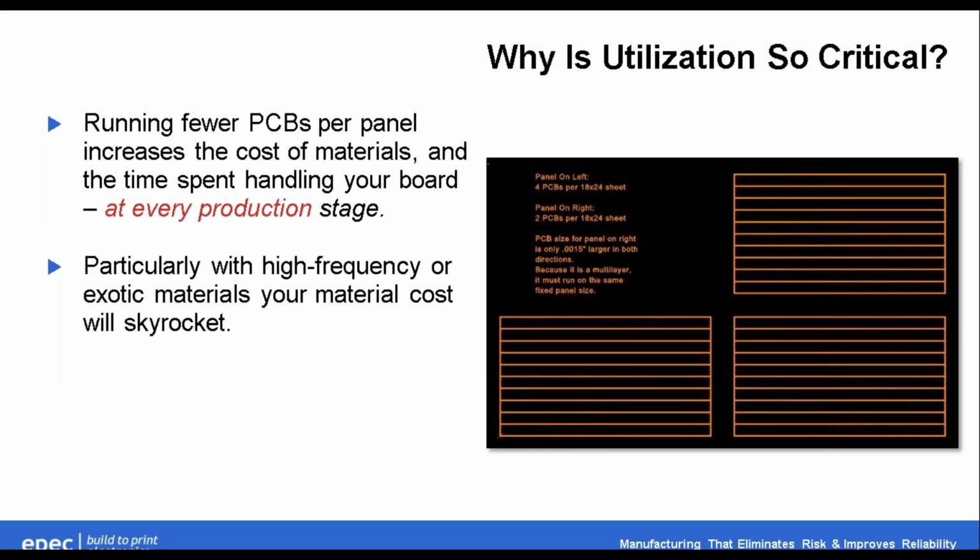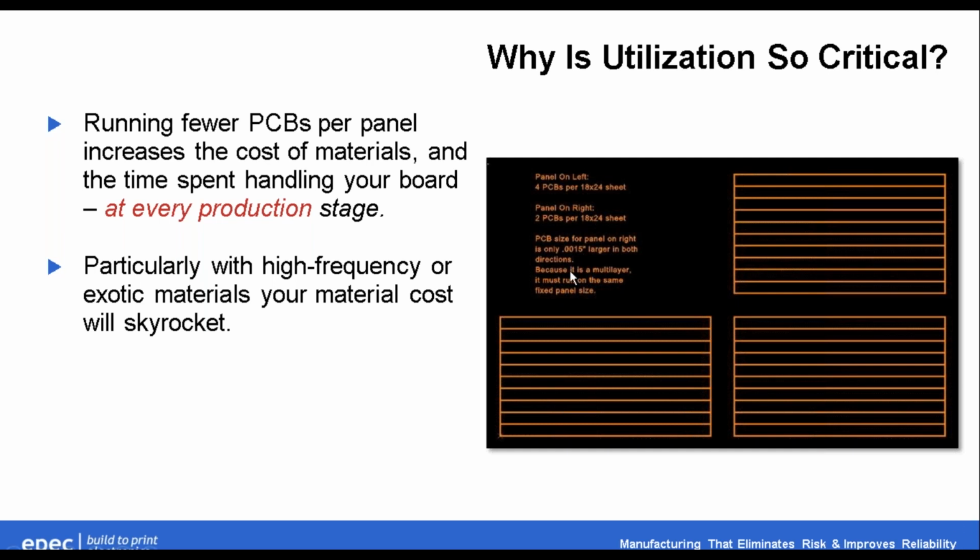Why is it so critical? Running fewer boards per panel increases the cost of materials and the time spent handling your board at every production stage. Particularly with the high frequency or exotic materials that we saw before, where you're at 7x to 15x the cost of FR4, you're going to see your material costs skyrocket.